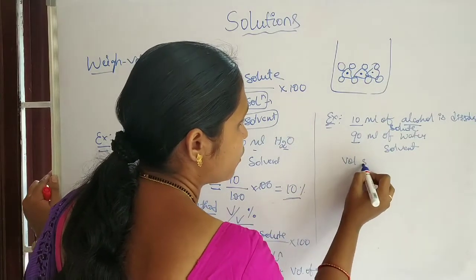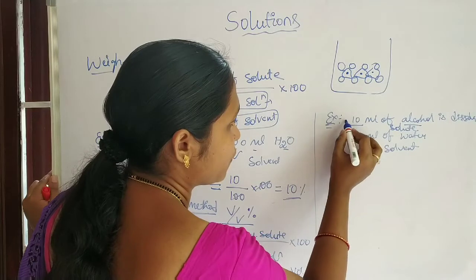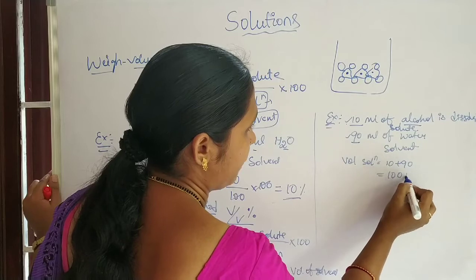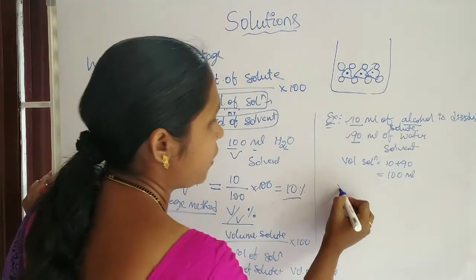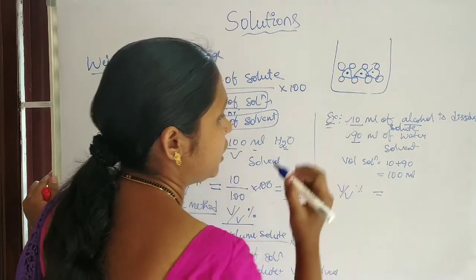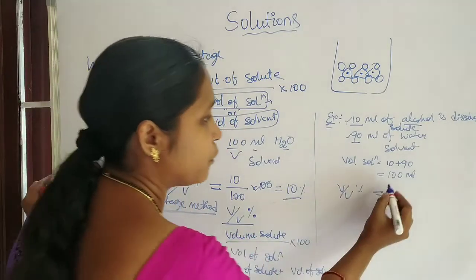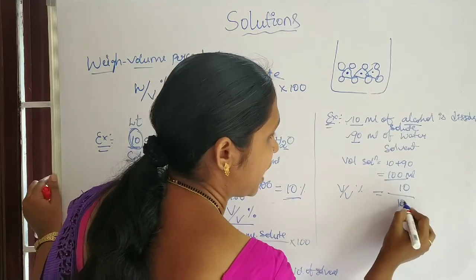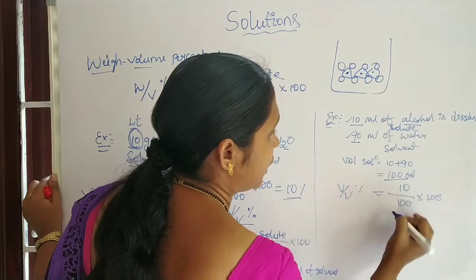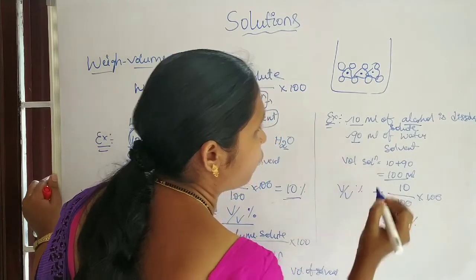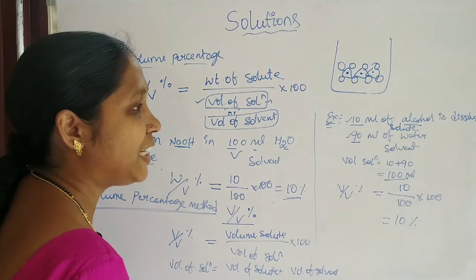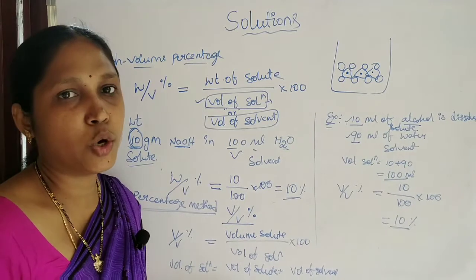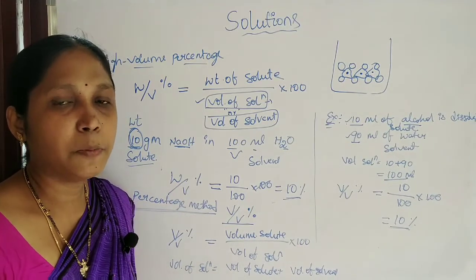The volume of solution is the sum of the volumes of solute and solvent, that means 10 plus 90, 100 ml. Write down the formula and substitute the volume of solute, 10, and the volume of solution, 100, into 100. So 10 ml of alcohol dissolved in 90 ml of water means the alcohol is at 10%. The concentration of alcohol is 10%.